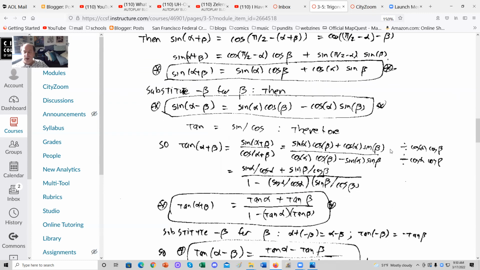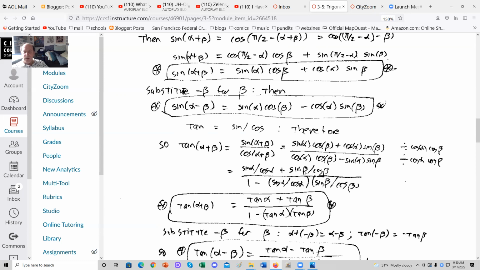Now I'm going to do a little trick. We'll divide numerator and denominator by cos alpha cos beta. All these cosines here and here cancel out. We're left with sine over cosine alpha, plus sine beta over cosine beta. All that divided by 1 minus sine over cosine alpha times sine over cosine beta.